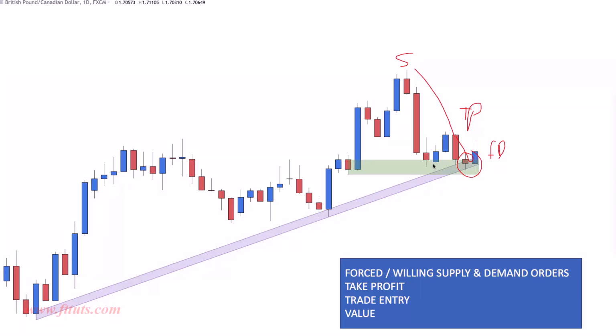And then we have value traders like ourselves, knowing that this is an area of demand, an area of potential value. Prices come into this area here, and we've got the confluence of all three from a supply and demand equation. And again, I sound like a broken record, but we have to always ask, why is there going to be more supply, or is there going to be more demand from a technical analysis perspective?